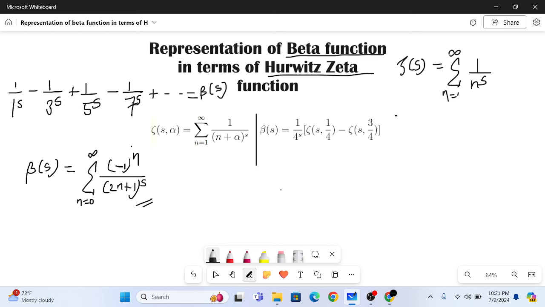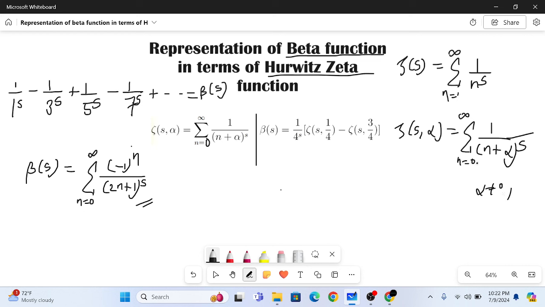It has two arguments, and the Hurwitz Zeta of s and alpha is defined as the sum going from, actually this goes from 0 to infinity, not 1 to infinity, of 1 by n plus alpha to the power s, and please note that alpha cannot be 0. Now in the case where alpha is 1, the Hurwitz Zeta of s and 1 is the same as the normal zeta function. Yes, you can see that, I guess.